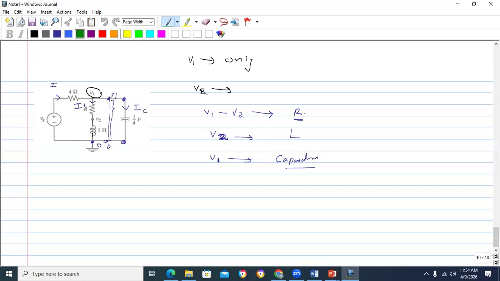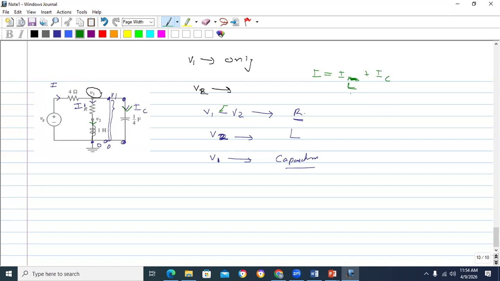You know that I is equal to the current through the resistor and inductor. I will write it as IL for ease, since that is going through the inductor. So I write IL and IC, where IC means the current through the capacitor.